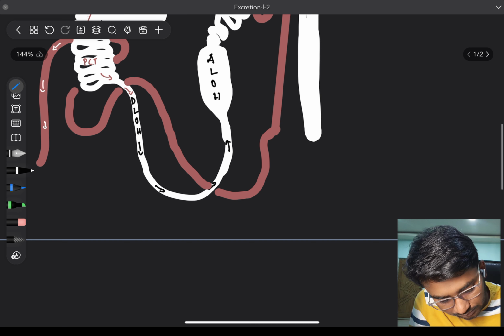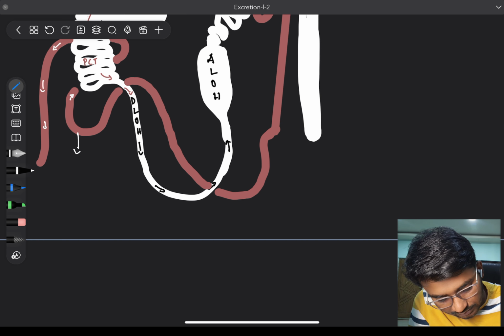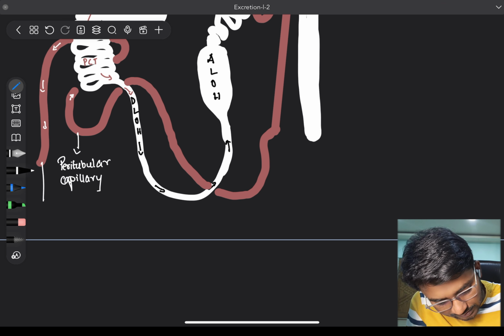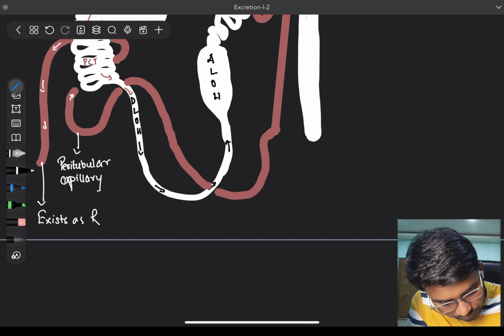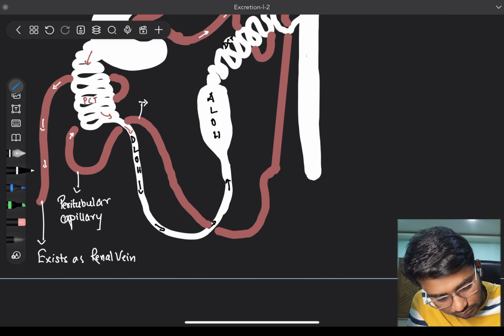This is called the peritubular capillary. This exits as the renal vein. This is the ascending vasa recta.